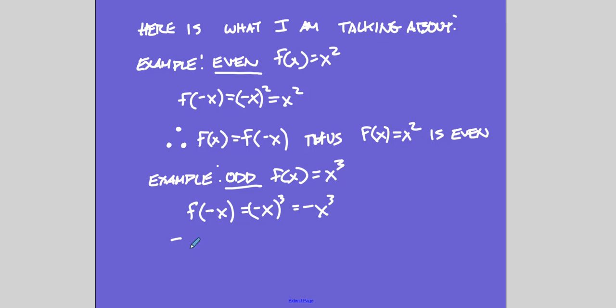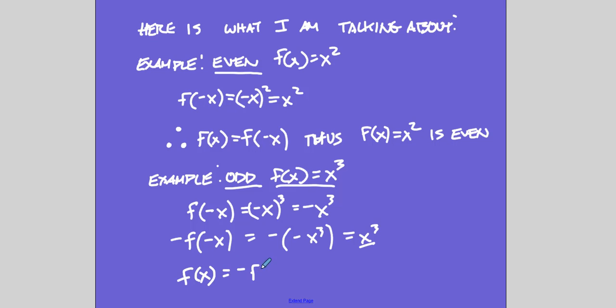Now if I take negative f of negative x, that becomes the negative of negative x cubed, and a negative of a negative makes a positive, so this is x cubed. Notice that the original function and this are the same, so we can conclude that f of x equals negative f of negative x for x cubed. Thus, f of x equals x cubed is odd.